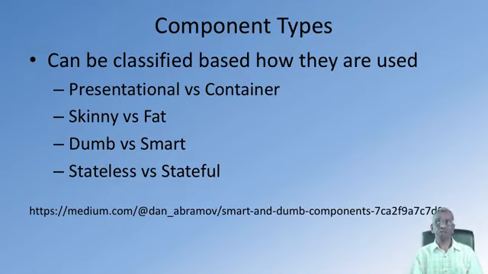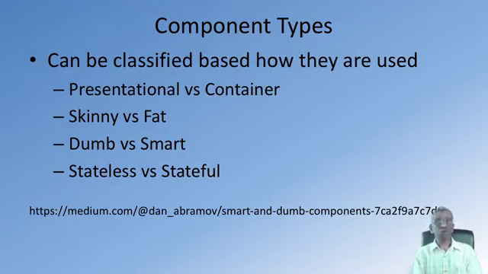Similarly, we can talk about these as skinny and fat components. Skinny components are purely responsible for rendering the view, and fat components have a lot more information being tracked in the form of state. Similarly, we can even label them as dumb and smart components, or stateless and stateful components.